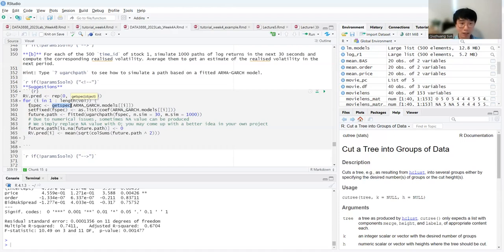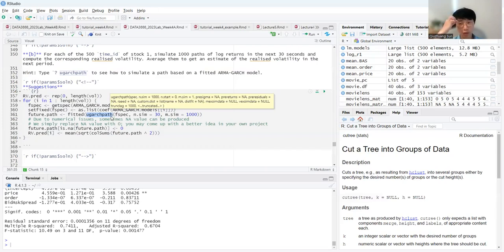After I get this fspec, I can put it into a simulation function called ugarchpath. Essentially, ugarchpath predicts the future time series for a given period.